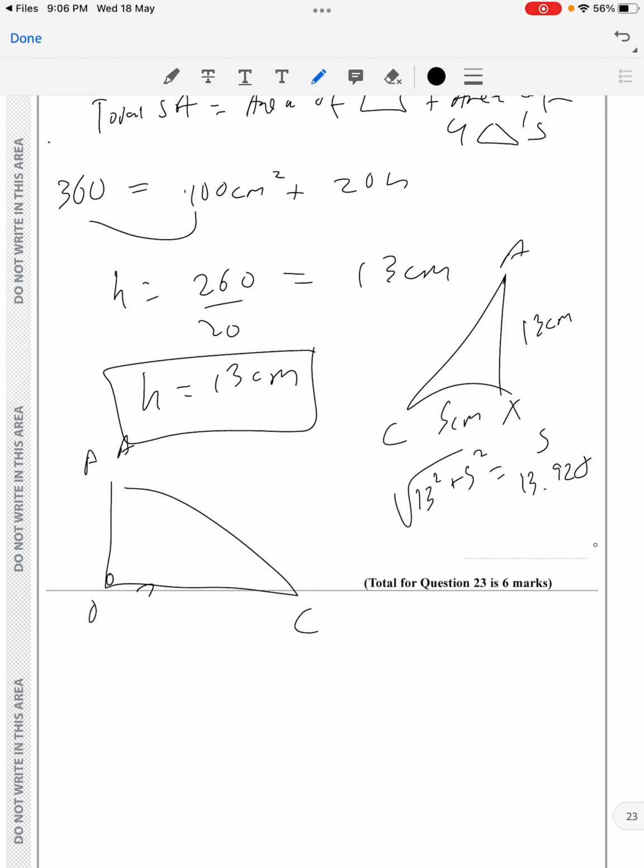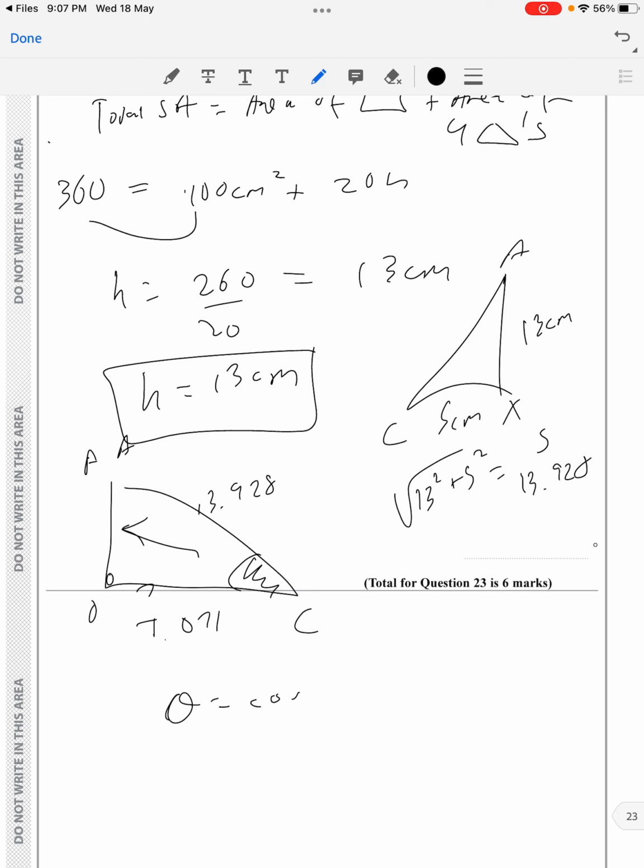Now we have the triangle AOC, where AC is 13.928 and OC is 7.071. You're going to find the angle that's here. So you have the hypotenuse and the adjacent given to you.